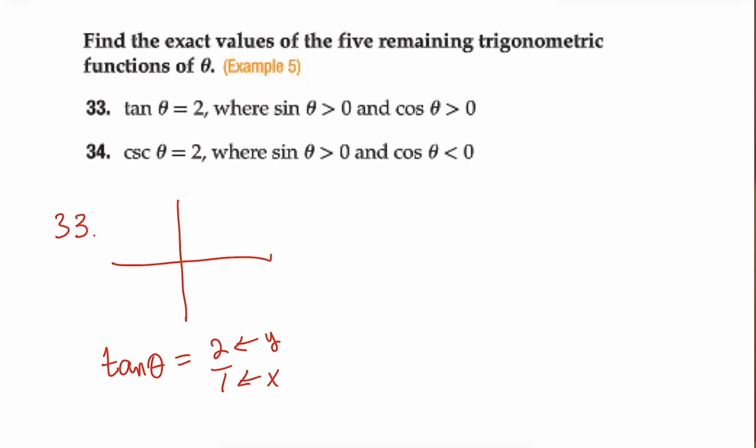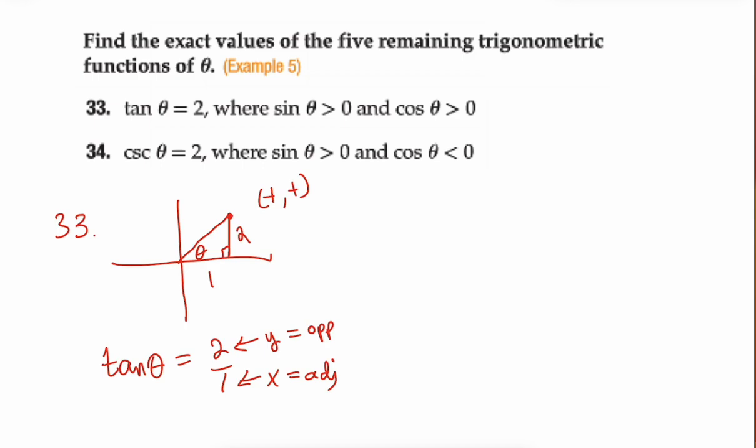The cosine is x over r. So that means the only place that happens is in this first quadrant where everything is positive. So we have to put our point there. So we know that our y value is 2 and our x value is 1. So this, remember, is always your opposite. This is always your adjacent. And then you just got to go from there.